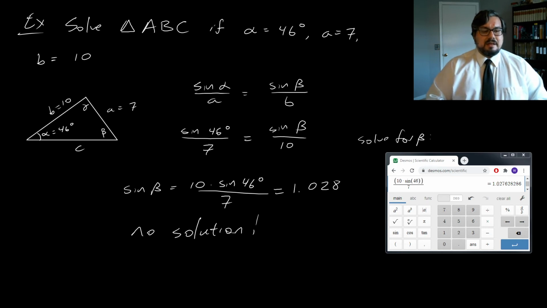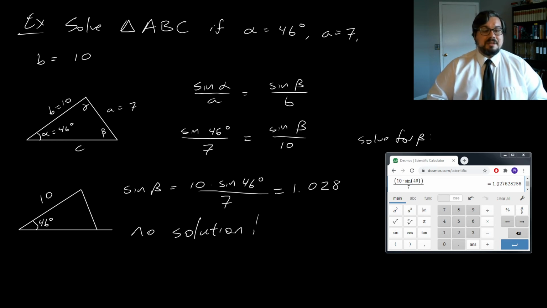Now, we can know what's going on here, basically. Why is it the case that there are no triangles with such a ratio? What's going on here is the following. If we try to construct such a triangle and we construct an angle of 46 degrees, and we go out 10, then we're trying to take a side down here and have it match up with one of the points on this line, on the base.